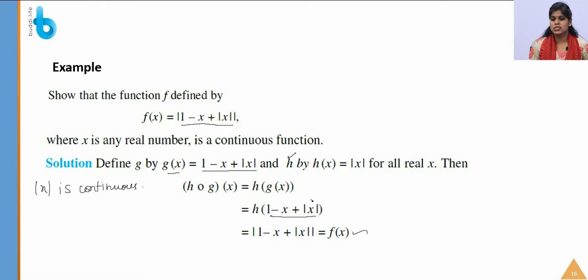So since modulus of x is continuous, that is, this function is continuous, and 1 minus x is just a polynomial which is in addition with this continuous function. Hence, the function g of x is also continuous here. Okay, so that is what we learnt in the previous theorem.